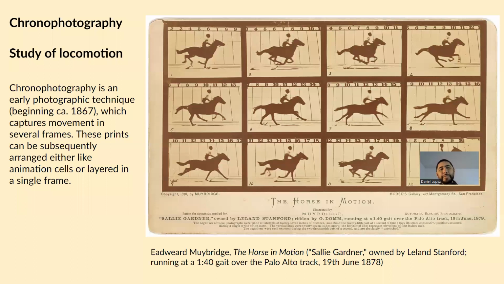Chronophotography. So this is basically the precursor to film. This is a bet that Leland Stanford made about the legs of the horses when they run. Is there at least one leg that's touching at all times, or do all the legs lift off the ground?